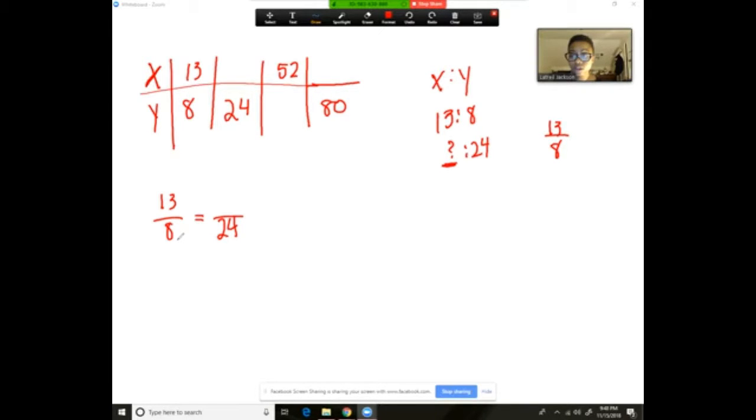Well, that number is 3. 8 times 3 is 24. So I have to multiply the numerator by 3 also, because that's going to make a proportion. When you have two fractions, also called ratios, set equal to each other, that makes a proportion. And it also makes a string of equivalent fractions.